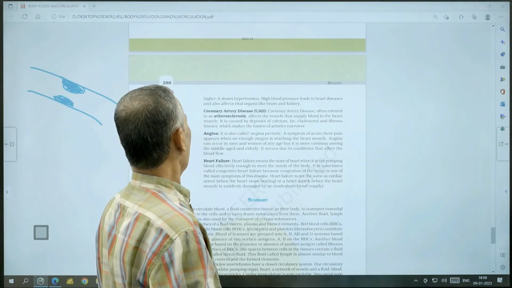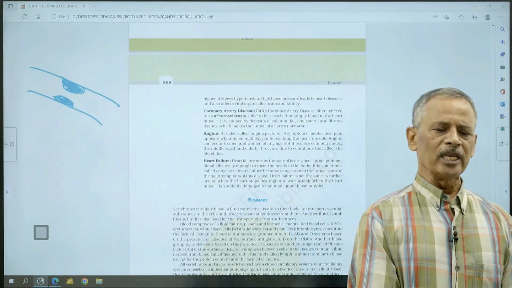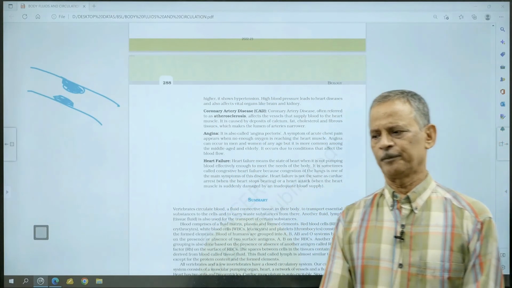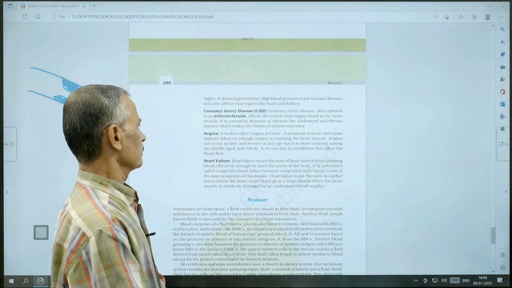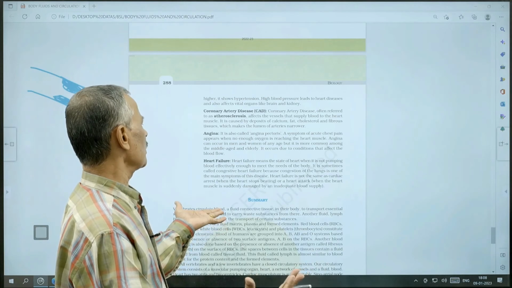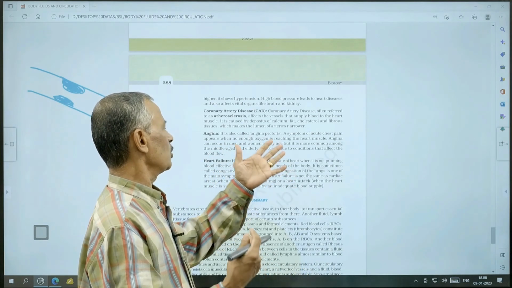Okay, and sometimes the heart will fail to pump enough oxygenated blood. This condition is called heart failure because the heart failed in its function. What is the function? To pump oxygenated blood effectively to different parts of the body.